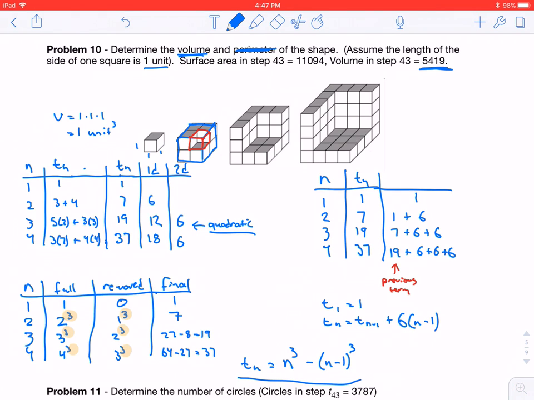And that would be an explicit definition of this that is just coming from a visual noticing that it's one block that's being removed. Okay? And so when we go to do T43, we'll go, that's going to be equal to 43 cubed minus 42 cubed, and we'll find out that that's 5,419. Okay? So that's problem 10 for volume.